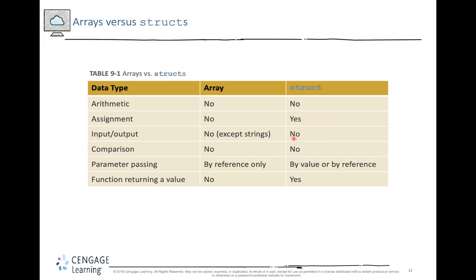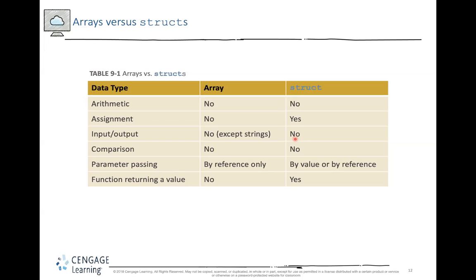And then for input output, you can't really just print out an array by using its name. You have to loop through it. Similarly, by default, you cannot just print out a struct by giving an object of the struct. It doesn't work by default, as I was mentioning, because the language doesn't understand your custom type.